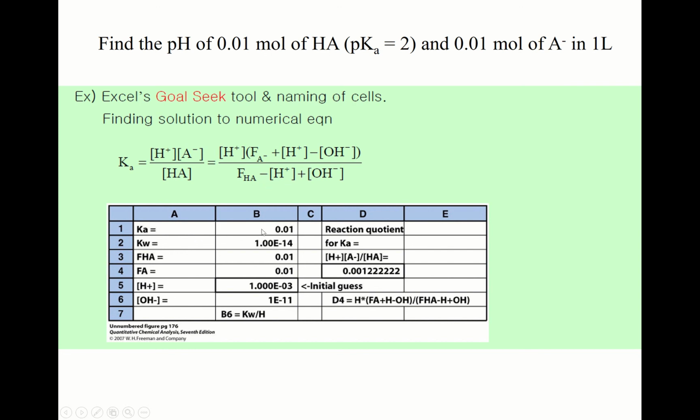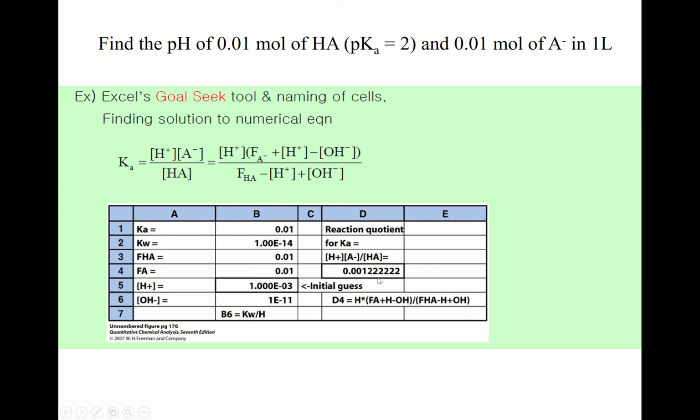Here you put some numbers: Ka is 0.01, Kw is 10 to the minus 14, the HA formal concentration is 0.01, and the anion concentration is also 0.01.